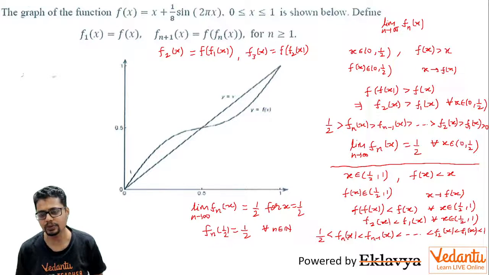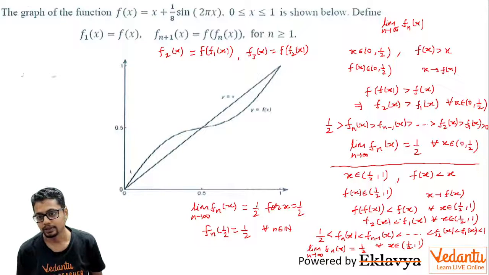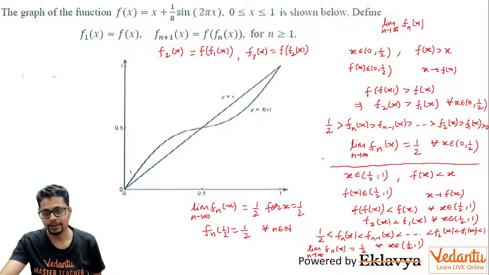So as you go to higher and higher values of n, the functional value will keep on decreasing. In the limiting case, the limit n tending to infinity of fn x would tend to this lower bound, which is half, for every x in this interval half open to 1 open.